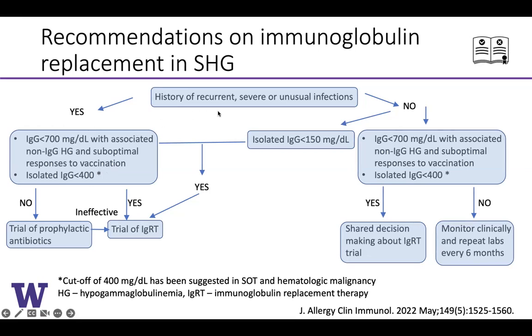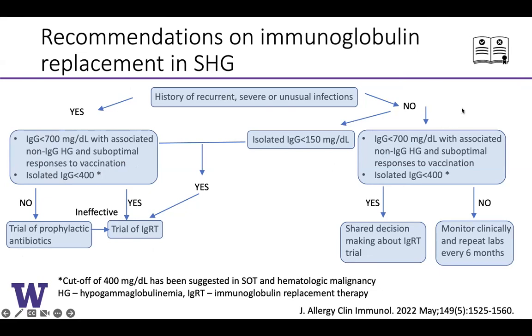So if the patient were to have frequent recurrent severe infections and they do meet this hypogammaglobulinemia cutoff, or if they don't, then a trial of prophylactic antibiotics can be considered. But if they are hypogammaglobulinemic, then a trial of immunoglobulin replacement therapy is recommended.